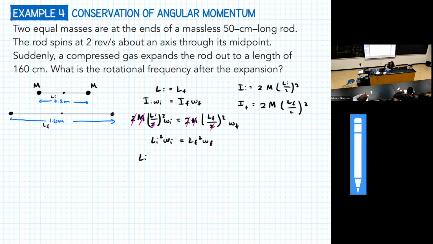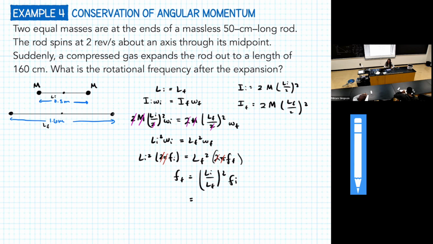So L initial squared times 2 pi frequency initial equals L final squared times 2 pi frequency final, and we can get rid of the 2 pi. So our frequency final is (L initial over L final) squared times frequency initial. We did all this symbolically because there's a lot less math involved when we actually have to plug in numbers.